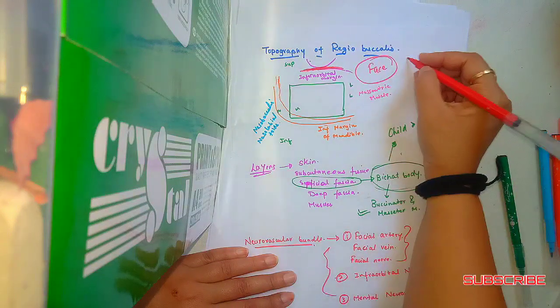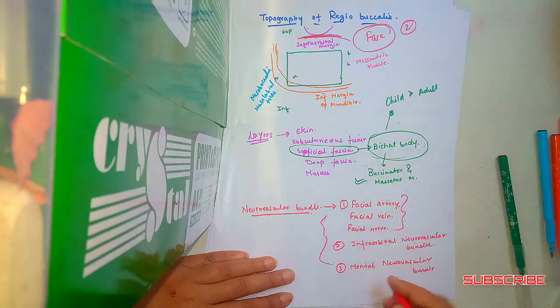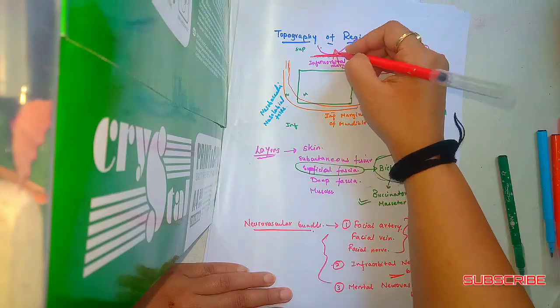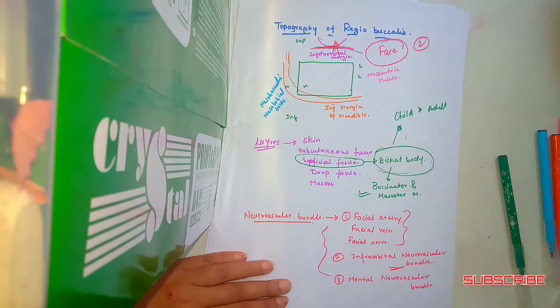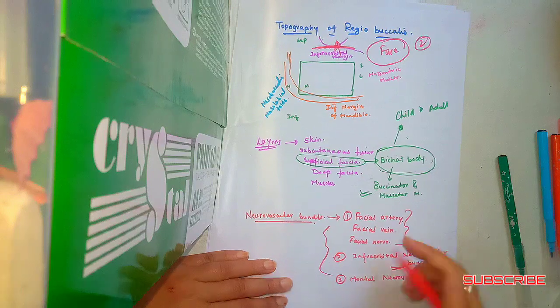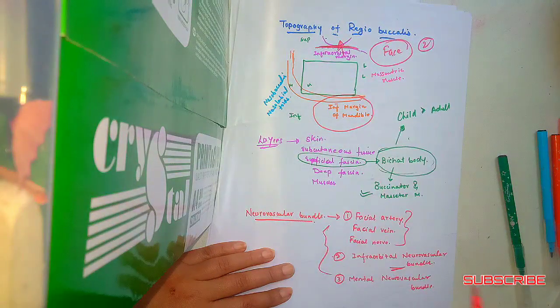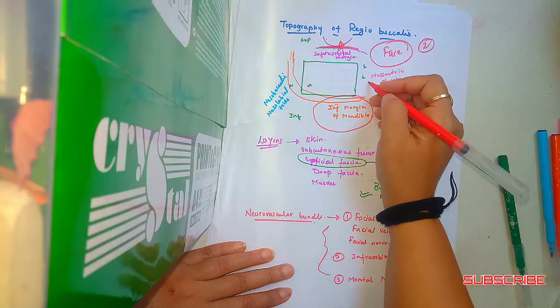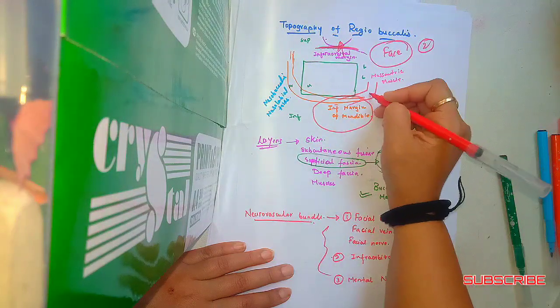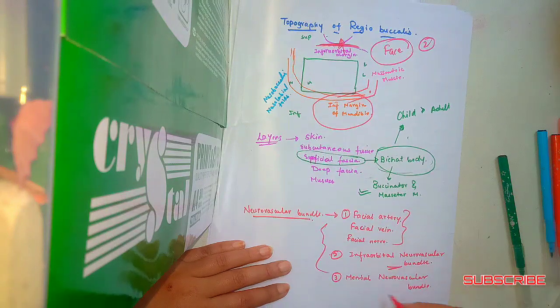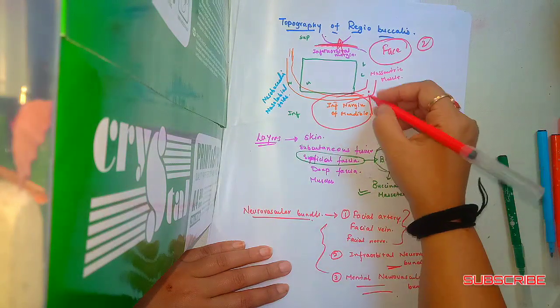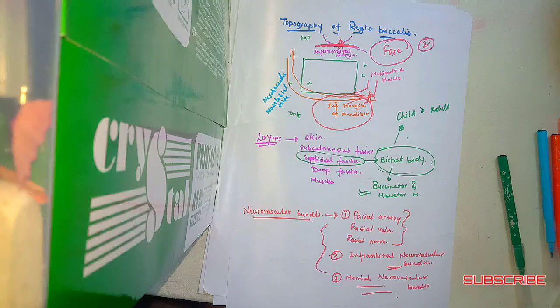So the second one, the infraorbital neurovascular bundle, is made for the infraorbital margin. The third and last, here you can see the inferior margin of the mandible, right? So in the mandible we have the mental foramen like here, right? So the mental neurovascular bundle is made to innervate here, so you can remember by this.